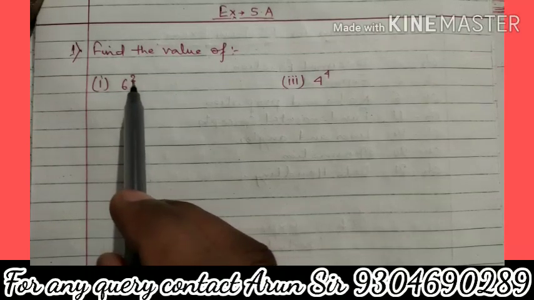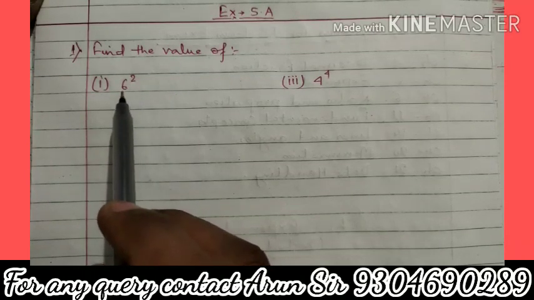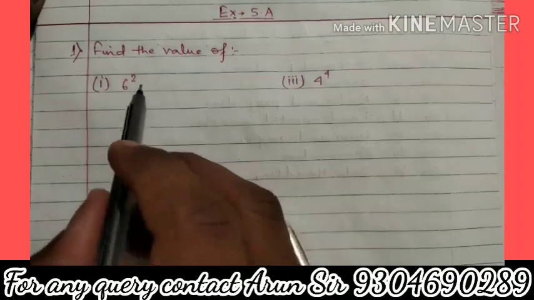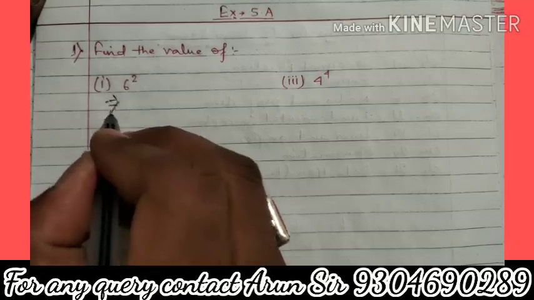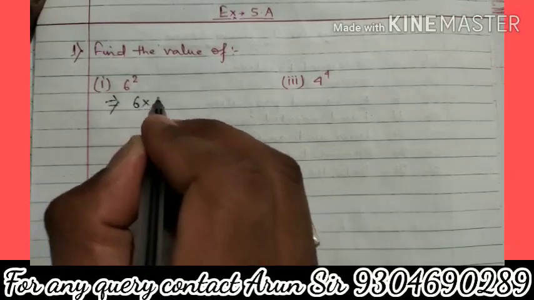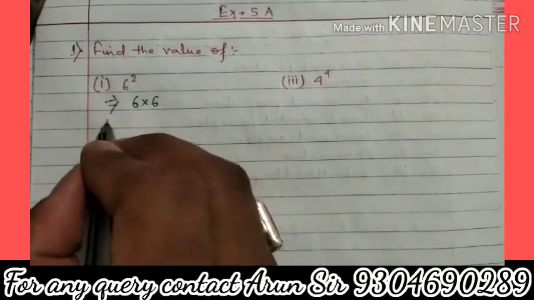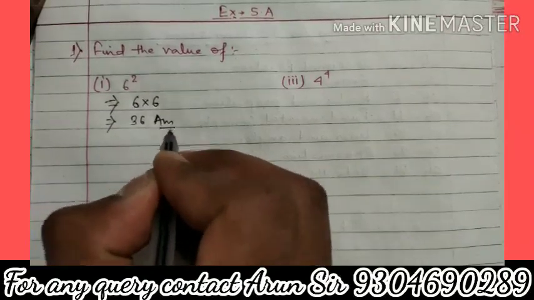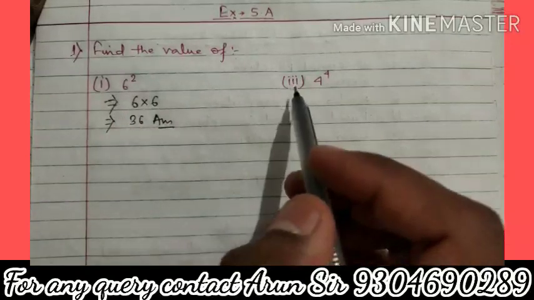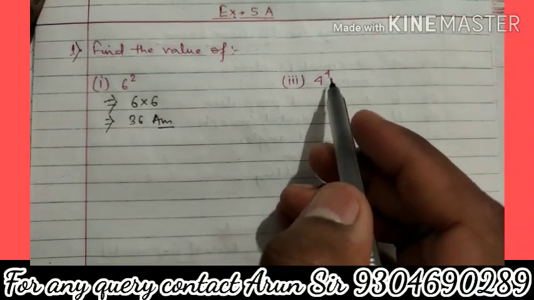Now 6 to the power 2, how can we calculate the value? We can write 6 multiplied 2 times. Now we will simply multiply: 6 6s are 36.